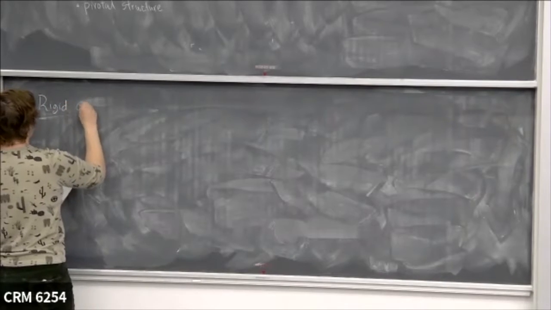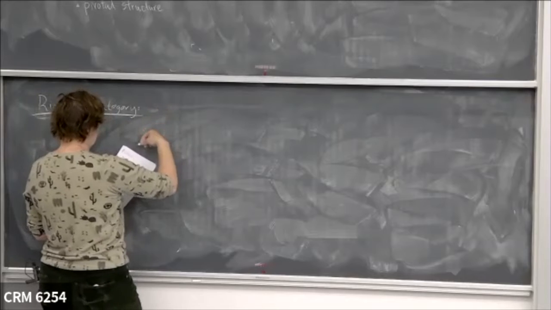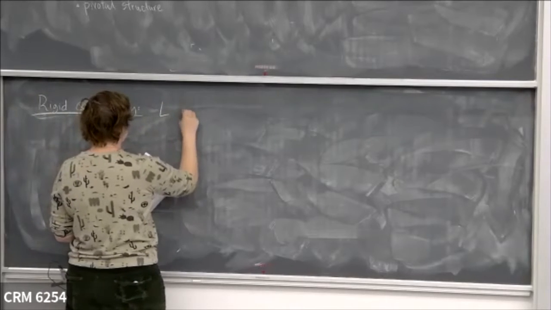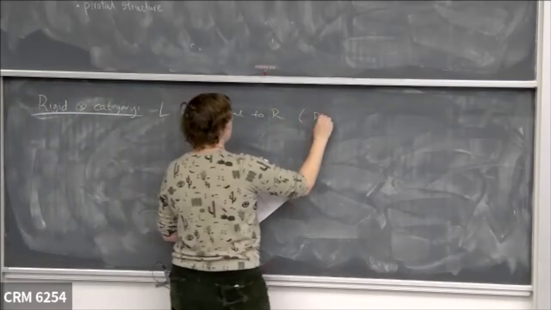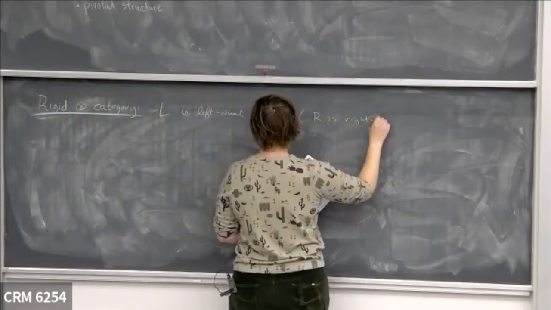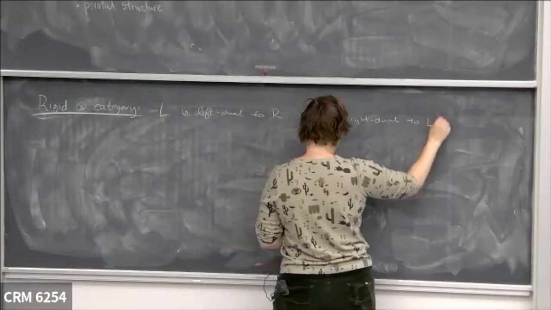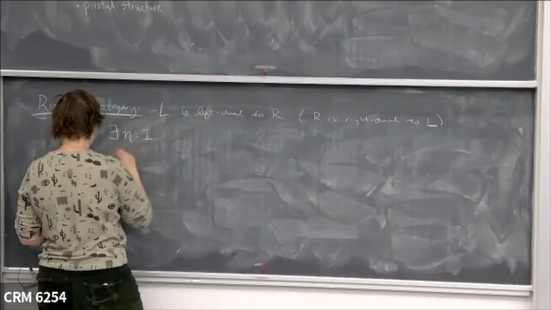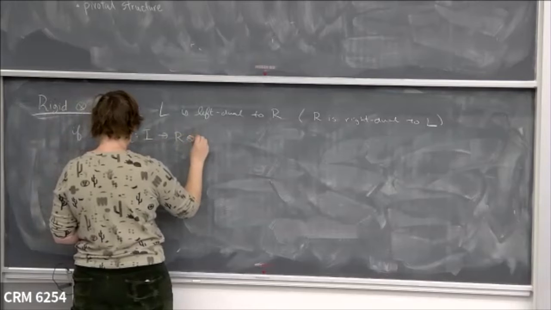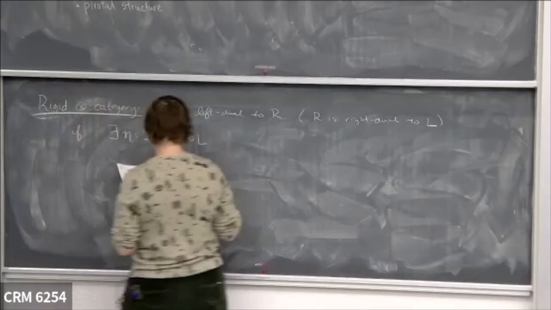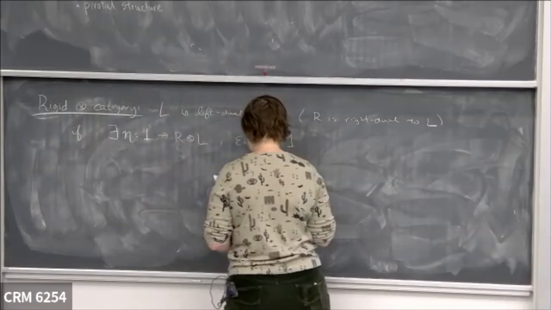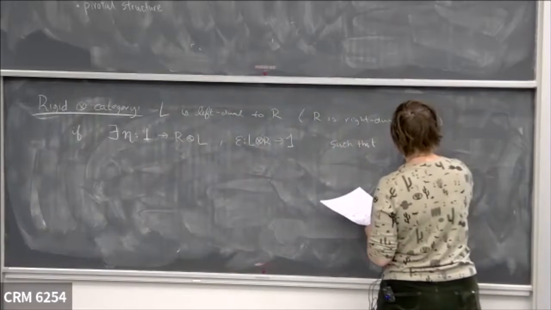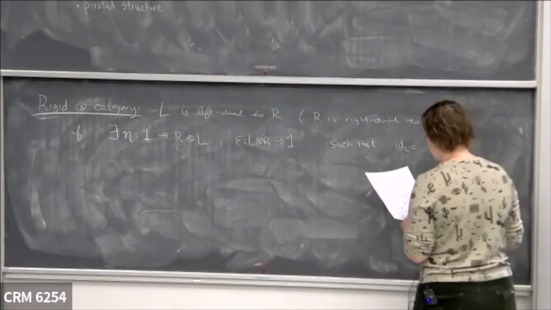In a rigid monoidal category, remember that we have, let's for now say our element is L. So an object L is left dual to an object R, or equivalently, R is right dual to L, if we have eta, a map from the unit into R tensor L, and also a map epsilon from L tensor R into the unit such that we get the identity on L by composing, what do we want here?